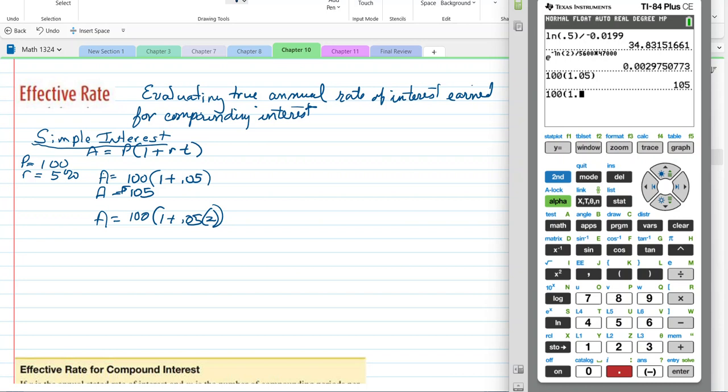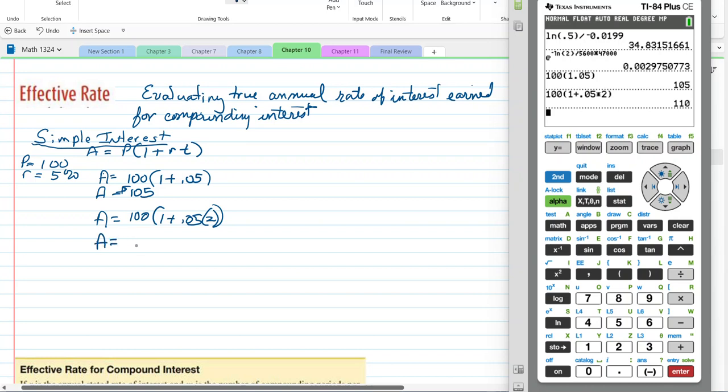Oh, well, I better put what it is so you'll see that I'm not making it up. I better do what I wrote. 0.05 times 2 years, and I get $10. All right. So we can see that no matter how many years, we're only adding $5 to the account.